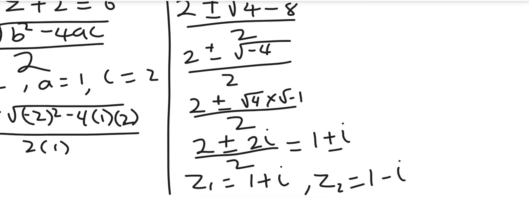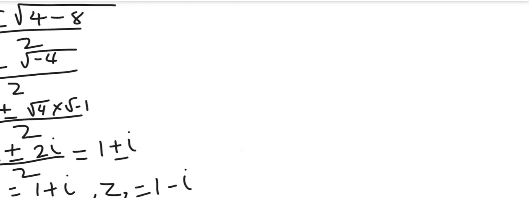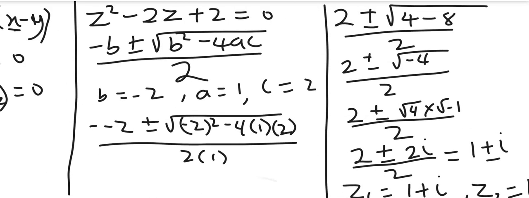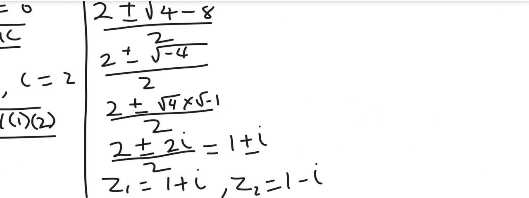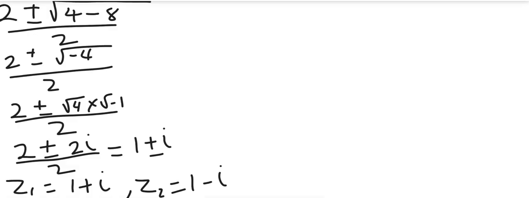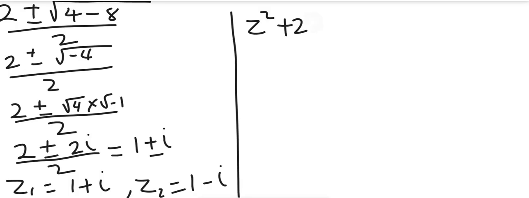So let's look at the second equation. The first equation that I solved is z squared minus 2z plus 2. The next one is plus plus. So the second equation is z squared plus 2z plus 2 equals 0.